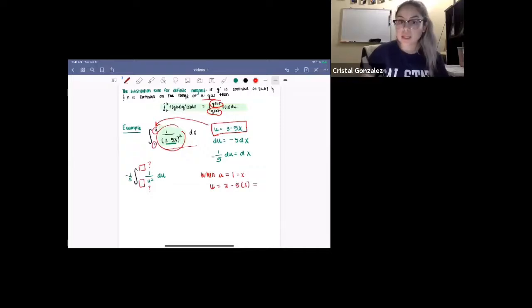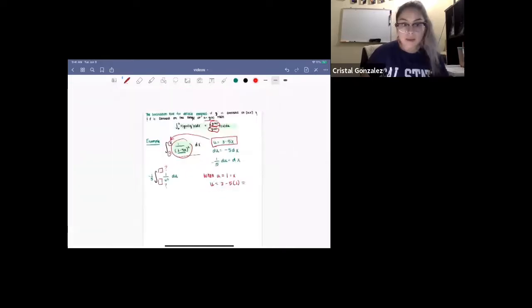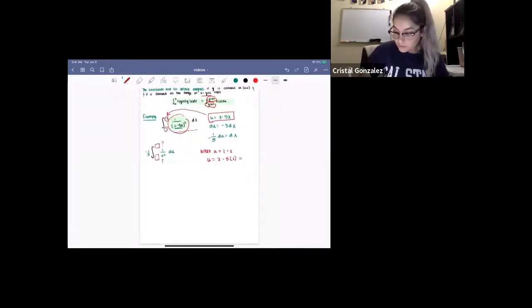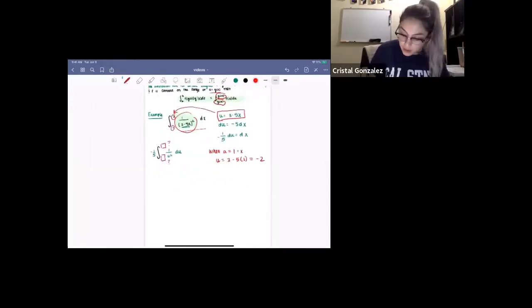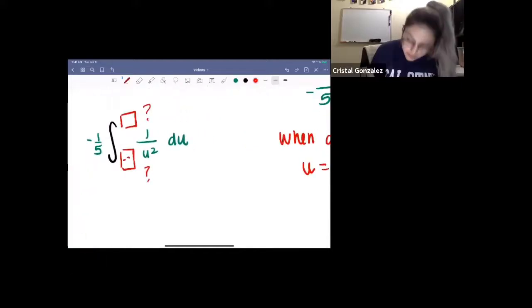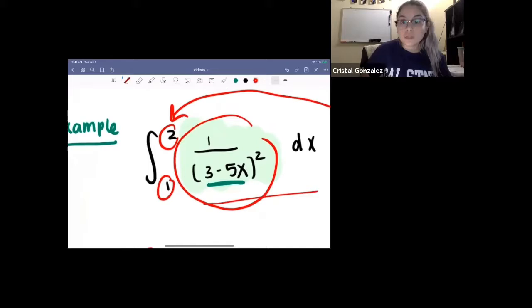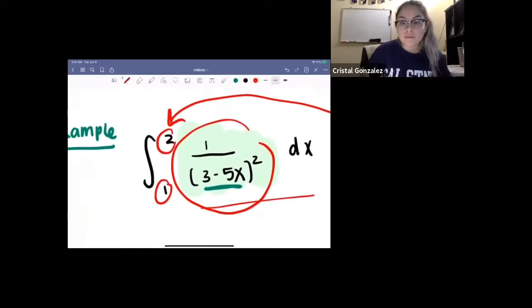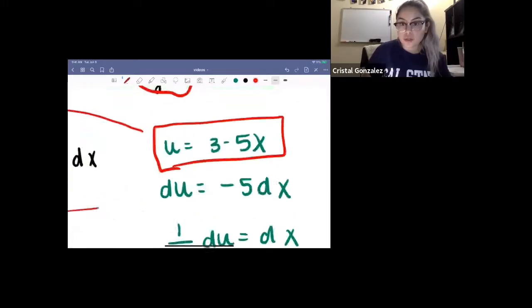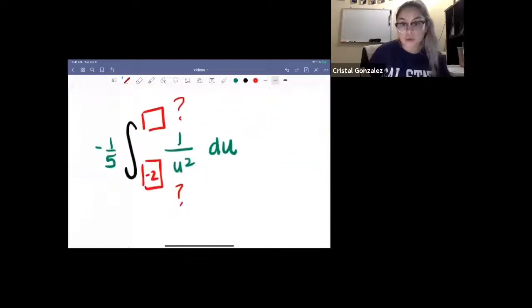That's how we get our new lower bound, and when we do that, we get negative 2. So our new lower bound is negative 2. What happened was I used the old lower bound a and plugged it in for x to figure out that new lower bound over here.